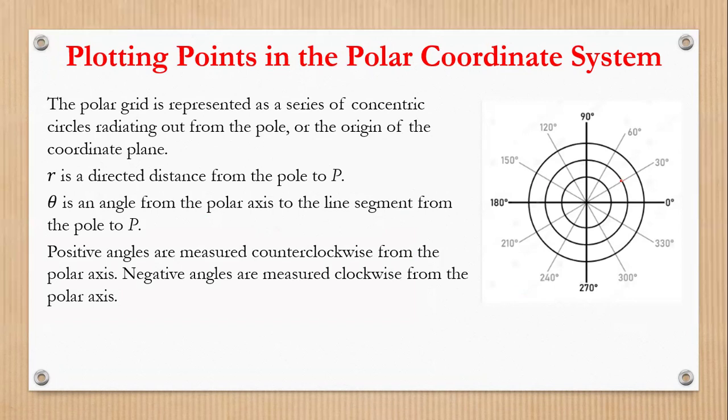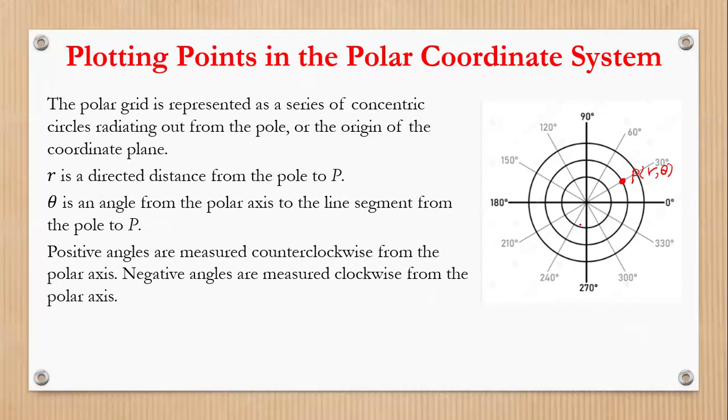For example, if I have a point here, point P, and I want to find r and theta for this, since a polar grid is represented as a series of circles around the pole, radiating out of the pole or the origin, each of these circles shows me one number for r.